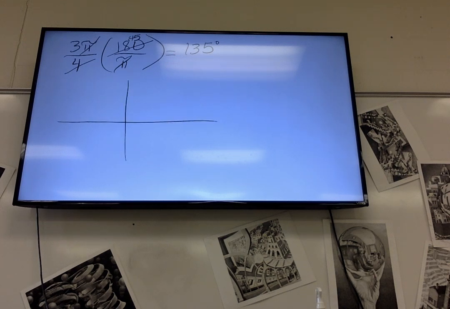Now, 135 degrees is over here somewhere, which means its reference triangle is 45, 45, 90.